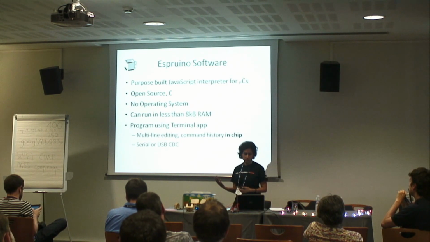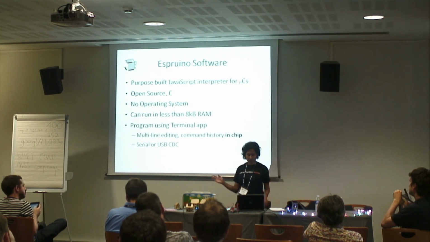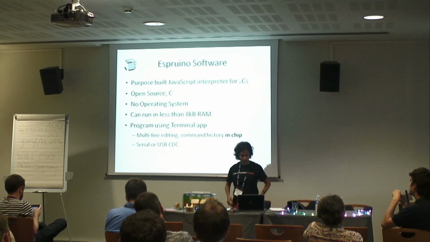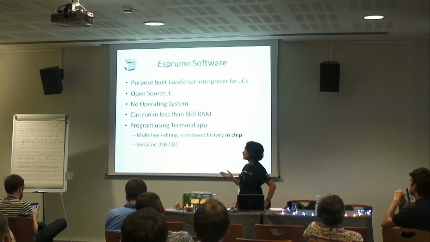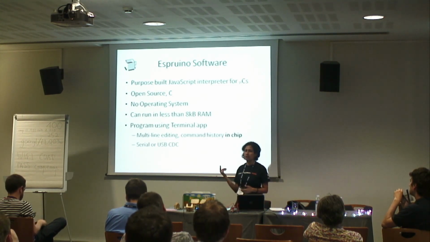It's all open source, with no operating system, and it's really small, so it runs in less than 8K of RAM. You can run it on the terminal app, and it has multi-line editing, command history, and you can talk to it over serial or even over Bluetooth.